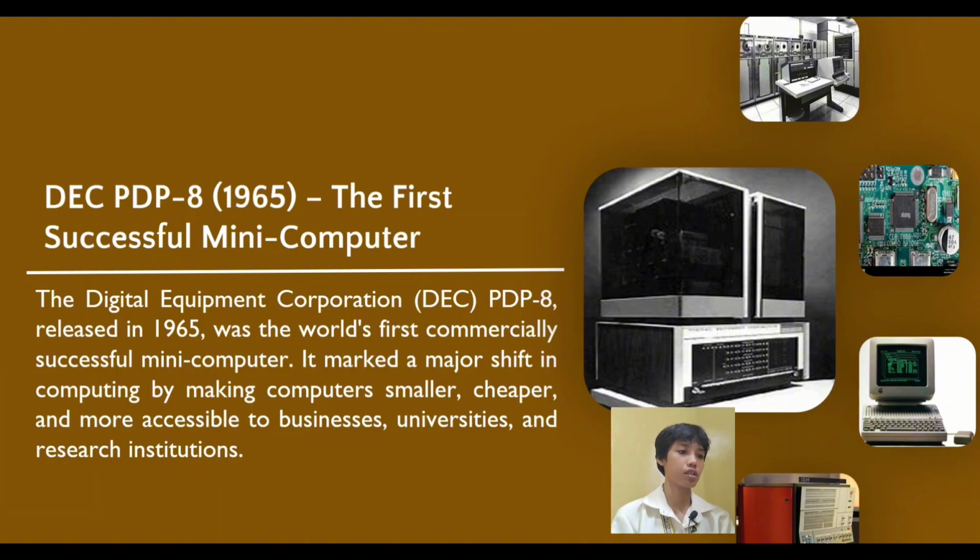They released this one in 1965 and it was the world's first commercially successful mini computer. It marked a major shift in computing by making computers smaller, cheaper, and more accessible to businesses, universities, and research institutions. So this time it is not only used for commercial, but it was already used for businesses, in the universities and research institutions.